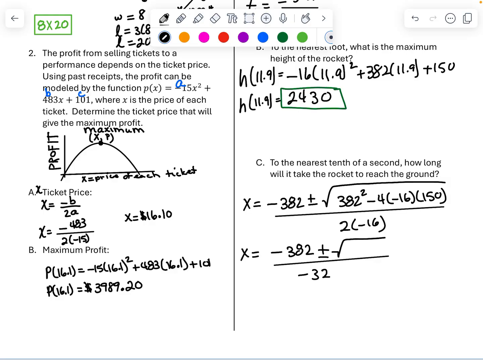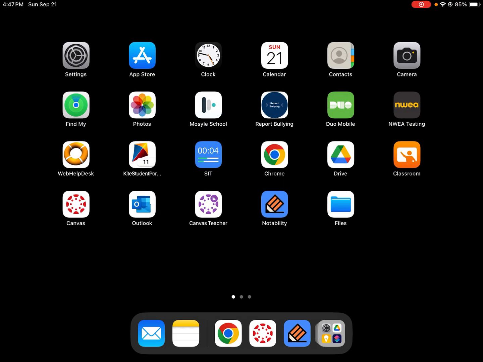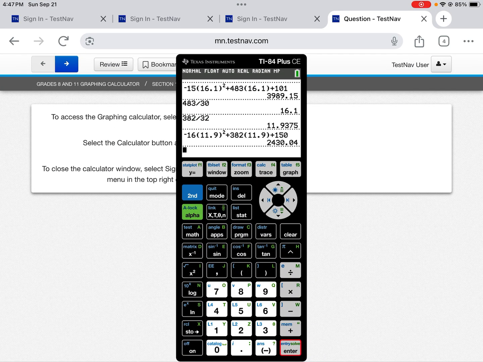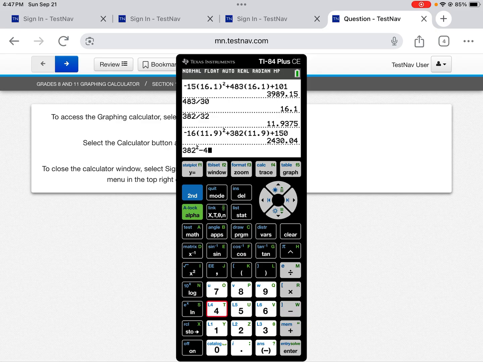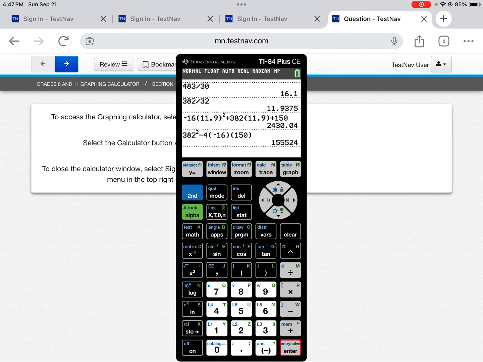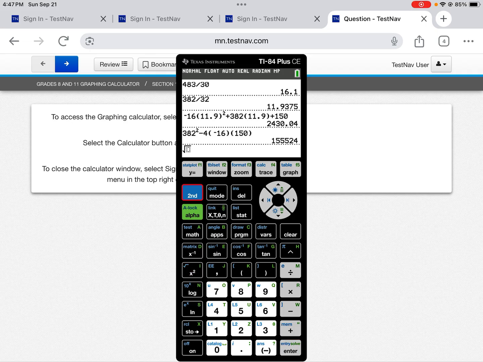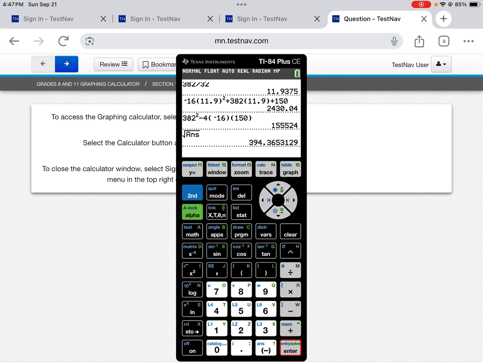On the calculator, we are going to need the discriminant, 382 squared minus 4 times negative 16 times 150. B squared minus 4AC, yes, is 155,524. I wonder if that is perfect. Or it is not.